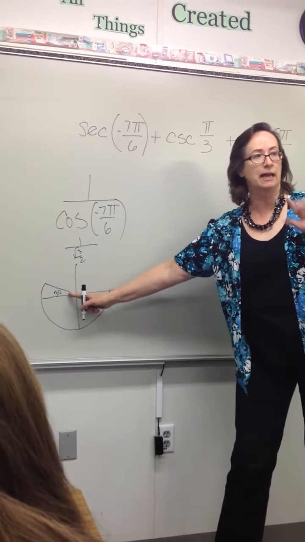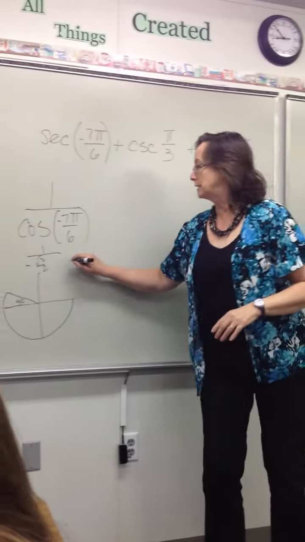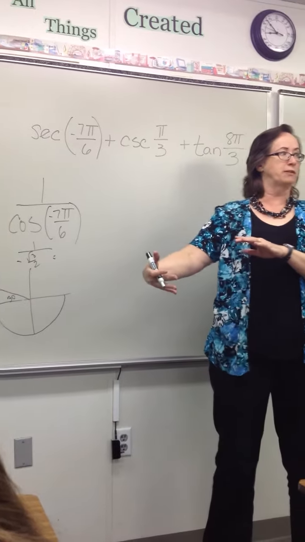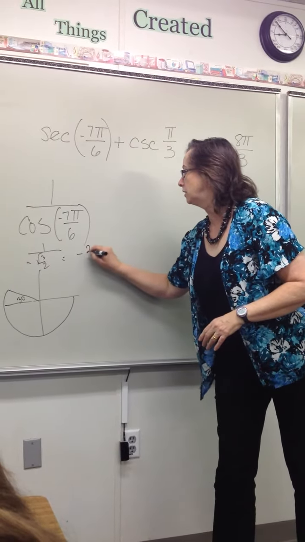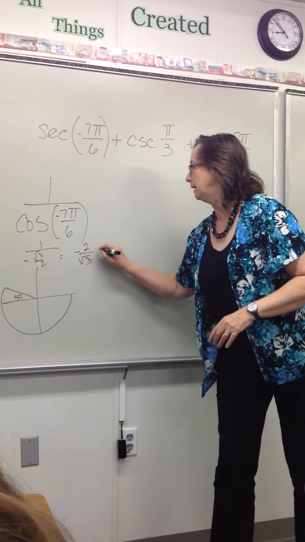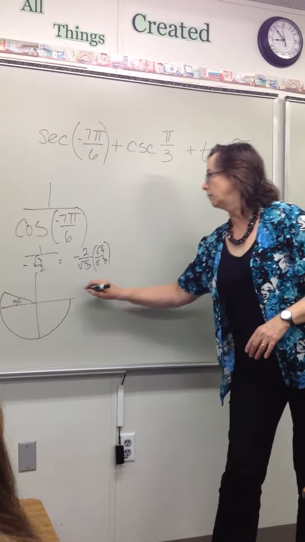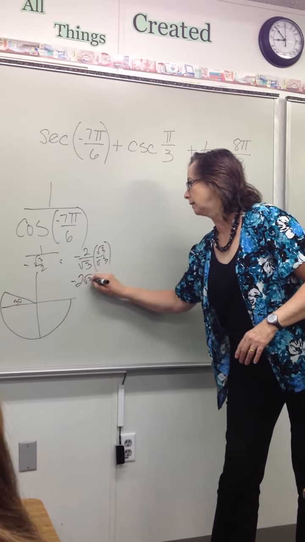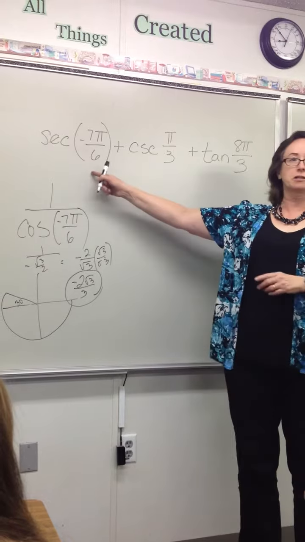It's a cosine and it is left, therefore it's going to be a negative. So when I simplify that, division by a fraction is multiplication by the reciprocal. It's going to be a negative 2 over the square root of 3 times what? Square root of 3 over square root of 3, and we're going to get negative 2 square root of 3 over 3. And that's what we get for the first little part there.